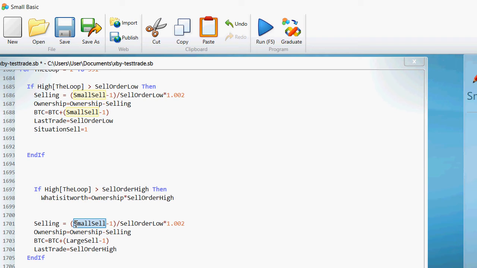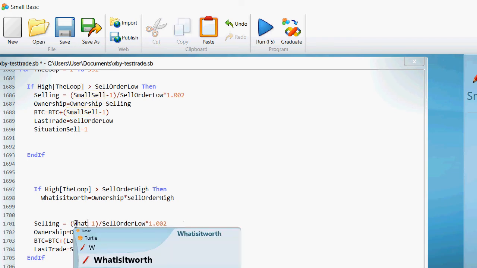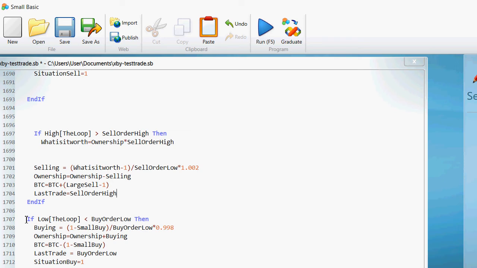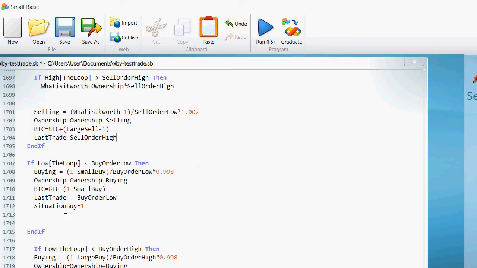So that's going to be 1.5 minus 1, which would make it 0.5. So what is worth minus 1, divided by sell order low, multiply 1.02. Yes, okay, so that should be fixed, and I'm going to have to fix this on the buy end as well. I want to definitely read this more carefully now.